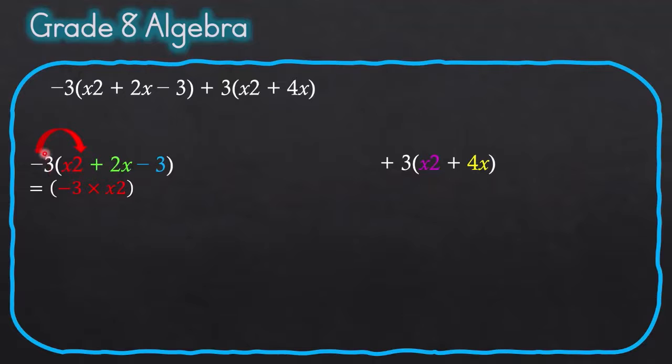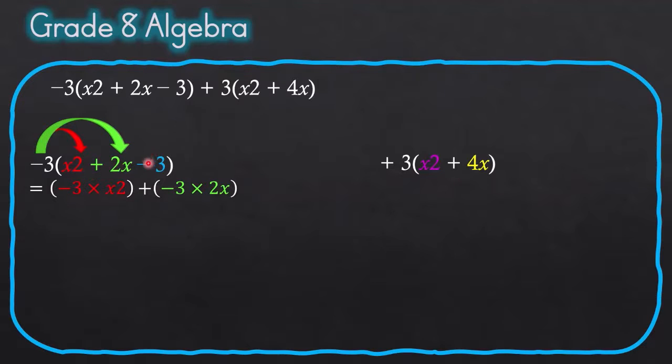Let's look at this one. Negative 3, there's our negative 3, times our x squared. That's the first thing I need to do. The second thing I need to do is the green, which is negative 3 times the positive 2x in our next bracket. We are adding these together because they are one thing inside.